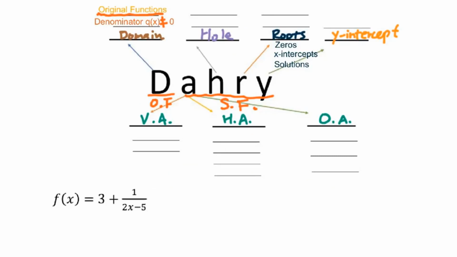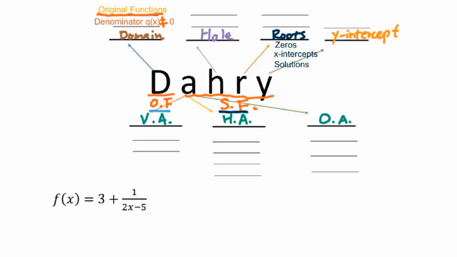What's the difference between the original function and the simplified function? For a rational function, when the common factor is reduced, we get a simplified function. Therefore, if there is no common factor, then the original function is the same as the simplified function, and the vertical asymptote line and the domain will be the same.